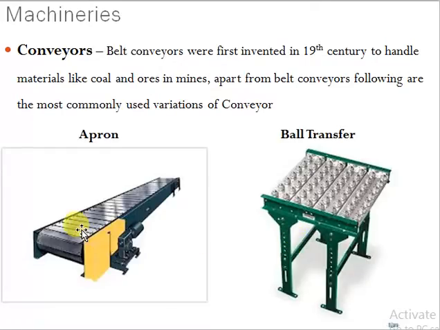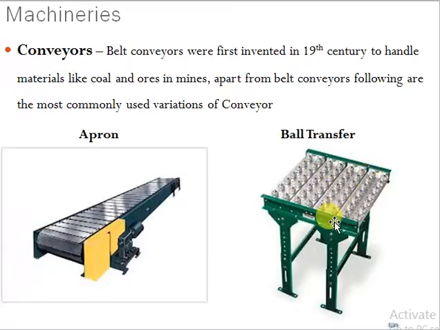This is an apron conveyor which has two powered ends, and the surface of this belt is completely leveled. So if a fragile material is to be handled, this kind of apron conveyor is used. These are ball transfer conveyors where instead of a powering mechanism, the action of ball bearings is used.